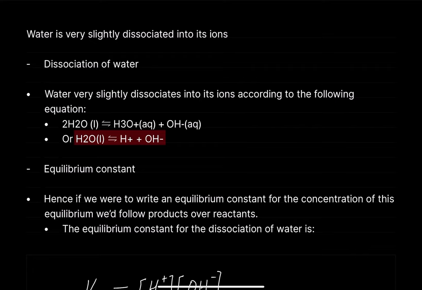Remember the definition of a strong acid: it fully dissociates H plus ions in solution, theoretically. Therefore, if you had HCl, 1 mole per dm cubed of HCl is equal to 1 mole per dm cubed of H plus in solution, because it's a strong acid, it fully dissociates.